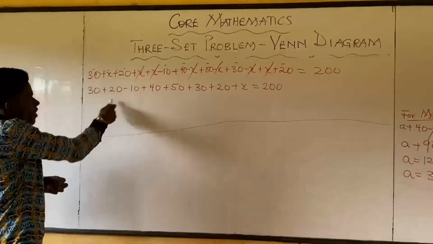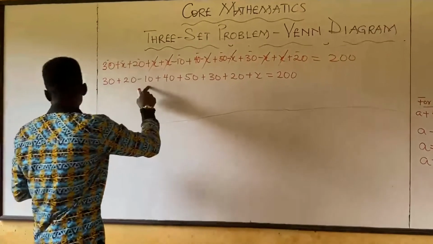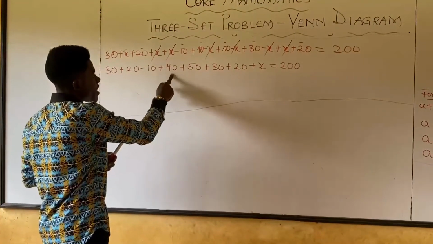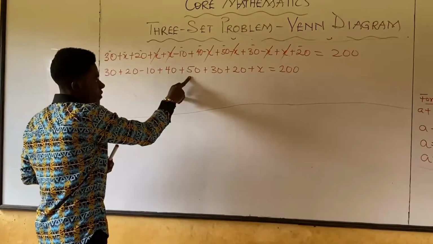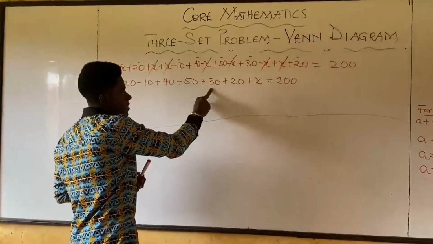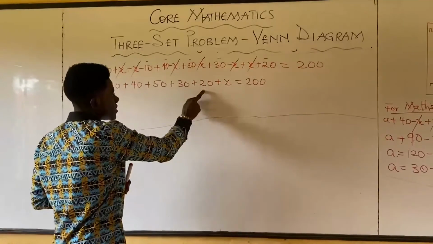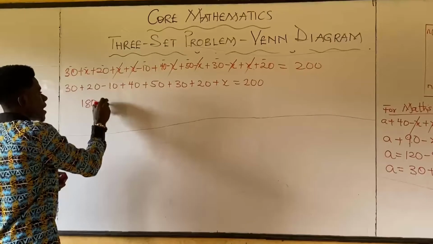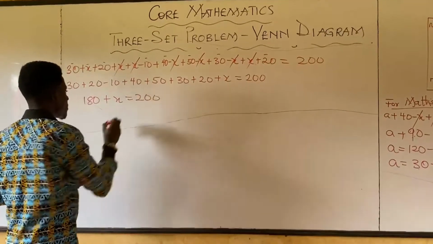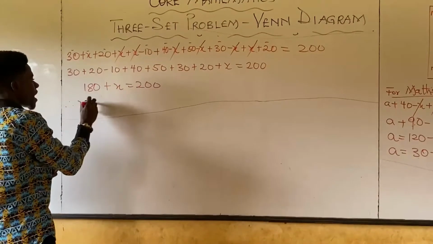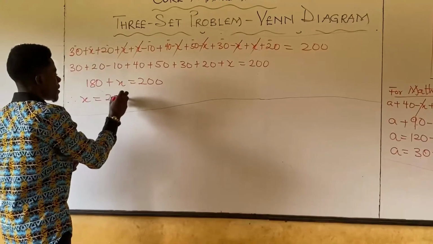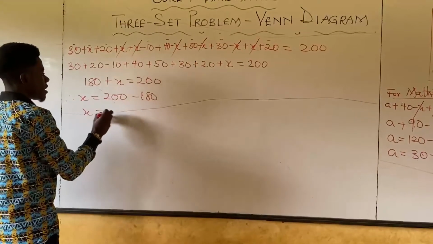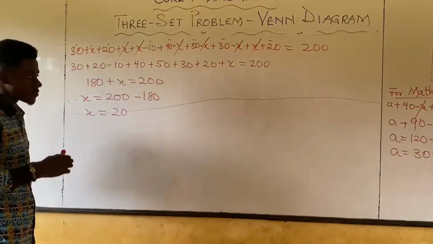So 30 plus 20 gives 50. 50 minus 10, 40. 40 plus 40 is 80. 80 plus 50 gives 130. 130 plus 30 gives 160. 160 plus 20 gives 180. So we are having 180 plus x equal to 200. So in finding x, we can see that x will equal 200 minus 180. So it implies that our x is equal to 20.